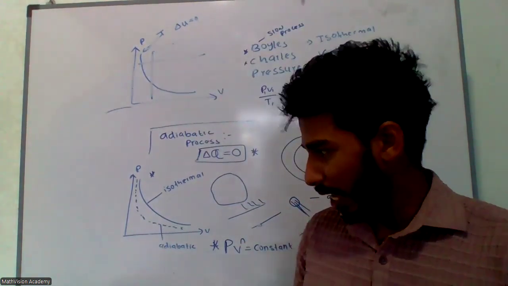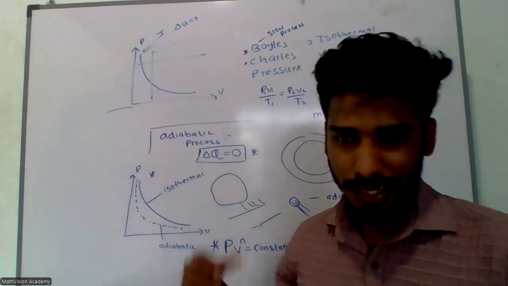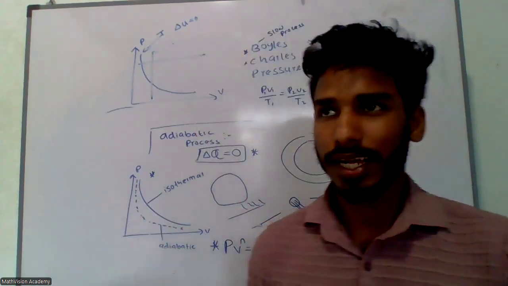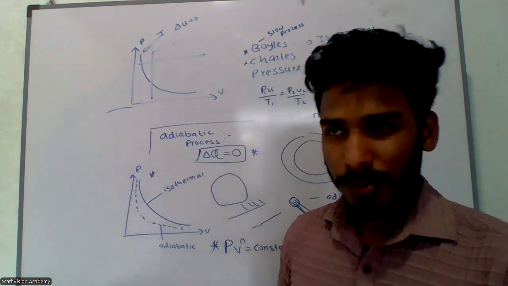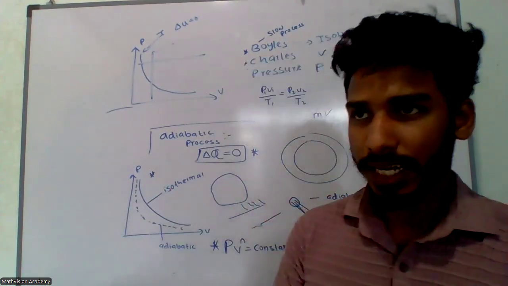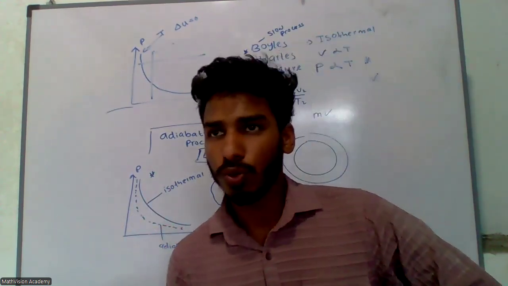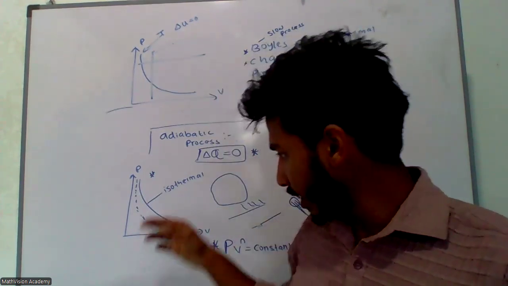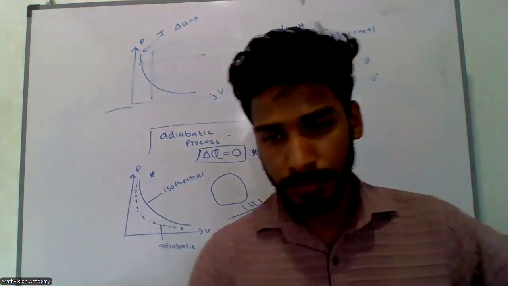Because we haven't dealt any equation to find the work done of curves, usually straight lines, like triangles, those ones we used to find the area. But without mathematics, like integration, you can't find the area under here. Now, who has the higher work done? Is it an isothermal line or an adiabatic process at here?